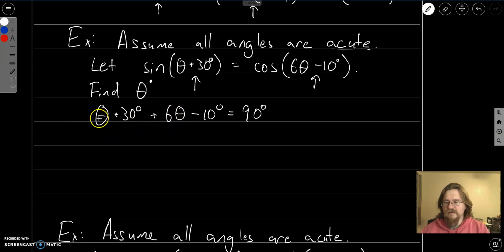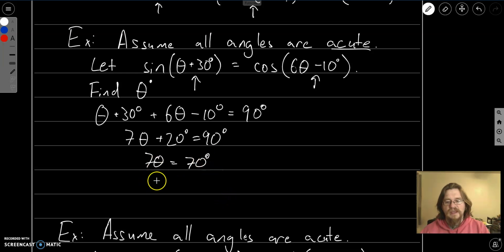On the left-hand side, I'll get theta and 6 theta will be 7 theta. 30 degrees and minus 10 degrees, this is going to be 20 degrees. So all that's going to equal 90. I'll subtract 20 from both sides, so I'll get 7 theta is equal to 70, and I'll divide both sides by 7, and I'll get theta is 10 degrees.